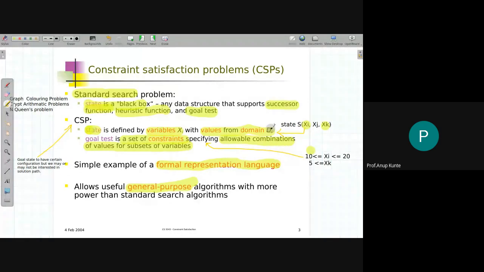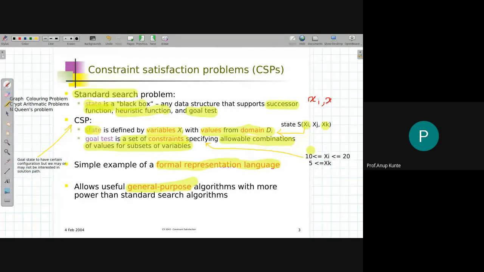xi has a domain di, so xj may have a different domain or it may have the same domain. xk may have its own domain or it may have a different domain as well. So what naturally comes is a particular state would be a combination of some instance value from the domain di for variable xi.